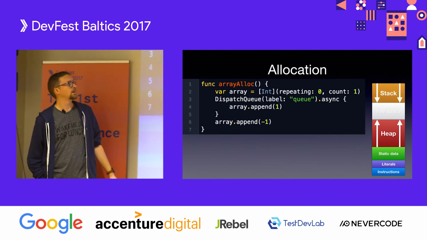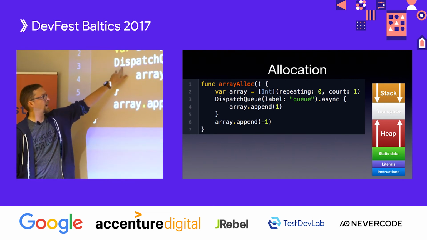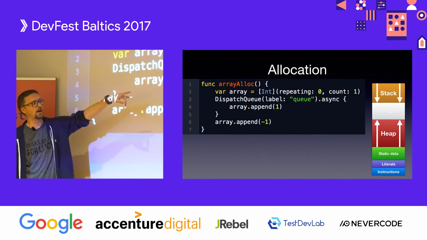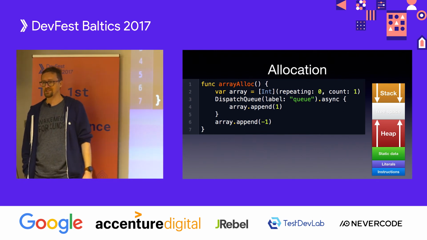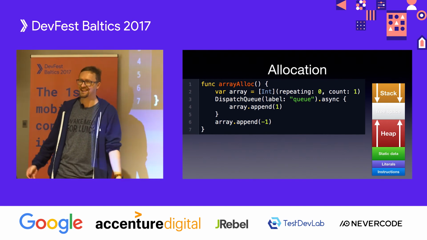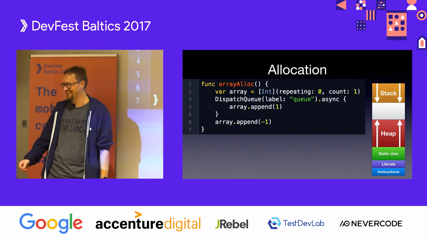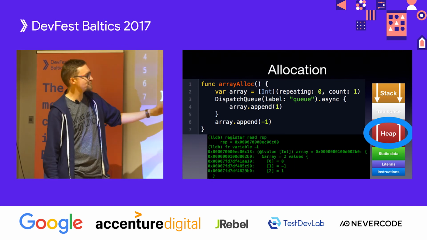Now, it's the same code with one modification: this append happens in dispatch queue async, so asynchronously. Where will the array be allocated? It was easy, right? What if not? Yeah, it's on the heap.